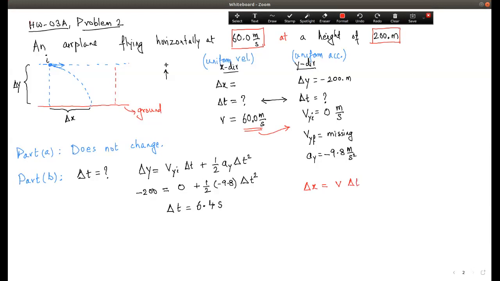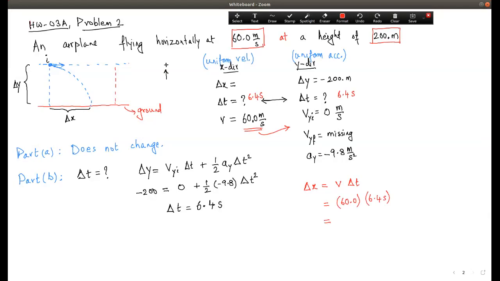That involves the delta t that we calculated. So now we know this is 6.4 seconds, and we don't have any acceleration here, so it's uniform motion. So that's 60 meters per second times 6.4 seconds.